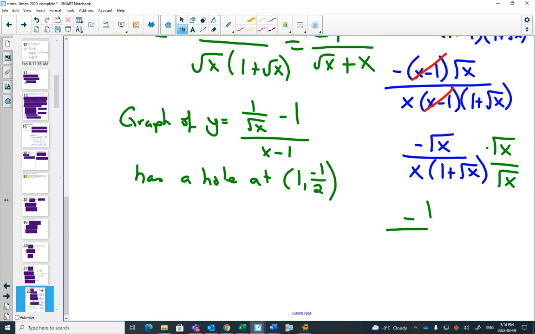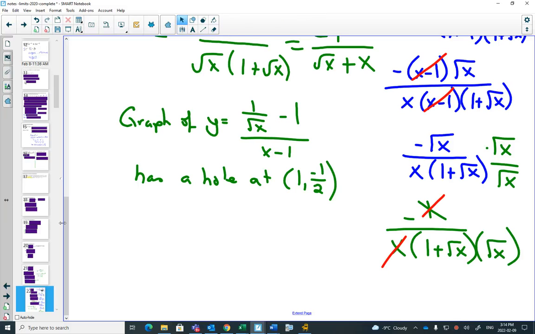Now I would get negative 1 over x times 1 plus the square root of x times, I would get x on the top. Because root x times root x is x. And then those x's would simplify. And you would get exactly the same as you have on the left-hand side. Yeah, you're right. It did say get rid of the square roots on the top.